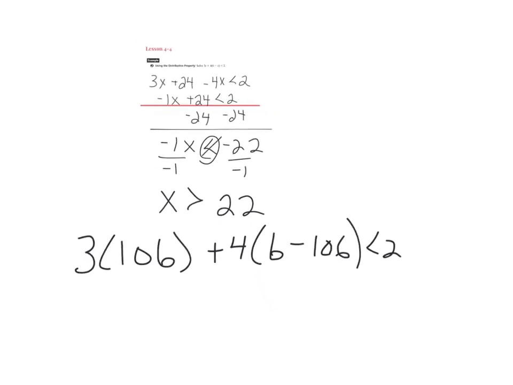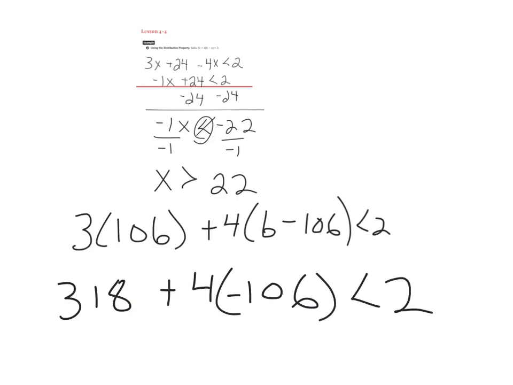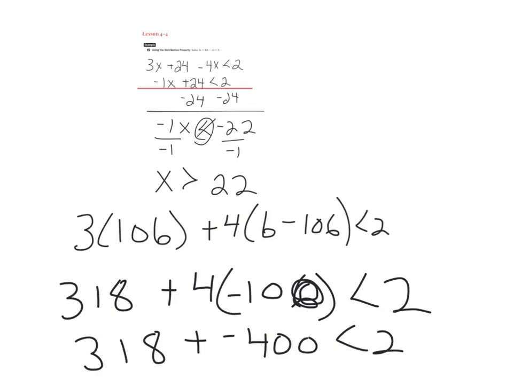Okay, so now I'm going to simplify, and I get 3 times 106, which is 318, plus 4 times whatever 6 minus 106 is. You see why I picked 106 there? So 4 times -100, that's going to be a -400, should be less than 2. So now I have 318 plus -400 is less than 2.